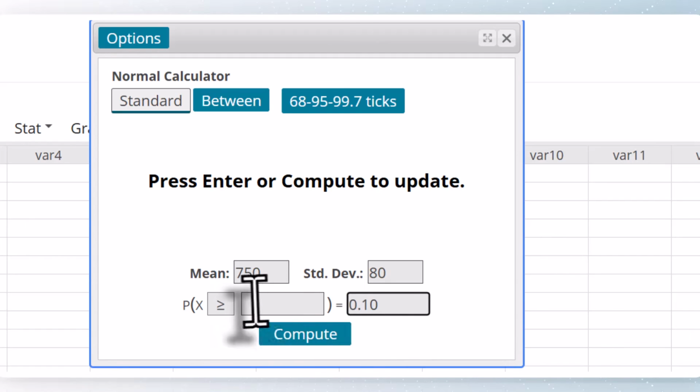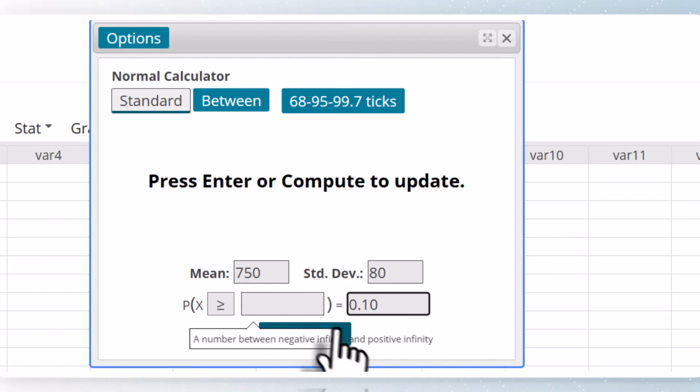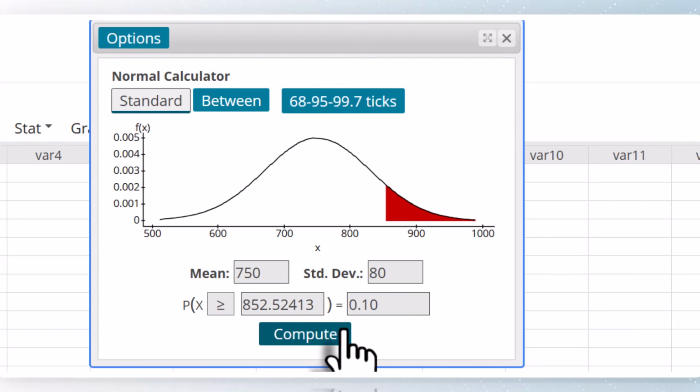And look, this one becomes empty, and this is what we're looking for, the X value. A student would need to score at least 852.5, let's say 853, in order to be considered in the top 10% of scores. So anything that is 853 or more will be considered in the top 10%.